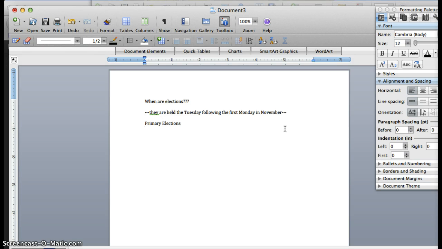Every election year, they're always going to have what are called caucuses, and caucuses are nothing really more than political meetings. The first caucus that is held is in Iowa. So let's say that for the Democrats, these are going to be our Democratic candidates.